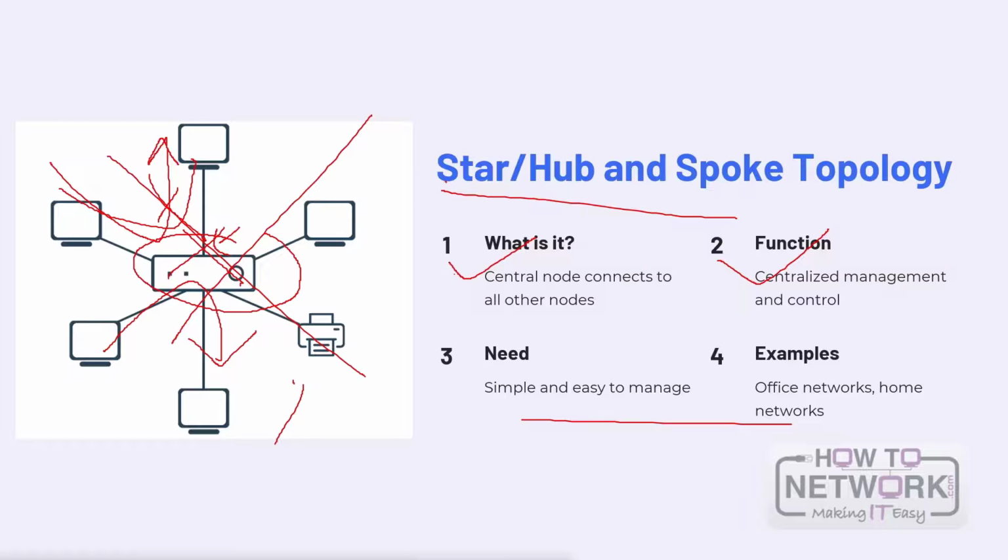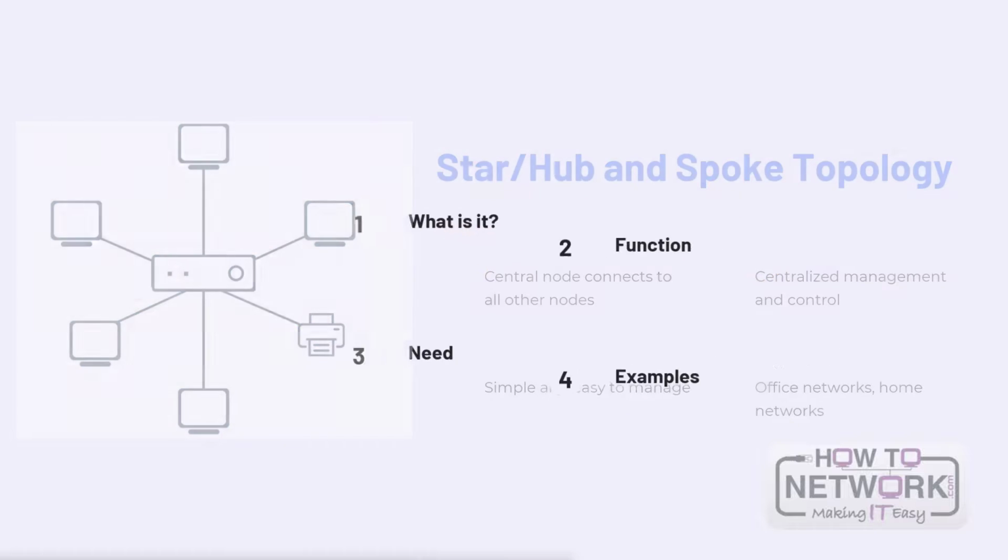It can become a single point of failure, potentially leading to congestion and reduced performance. Despite these limitations, the star and hub and spoke topology remains a widely used and practical network configuration, particularly for smaller networks where simplicity and centralized management are prioritized.